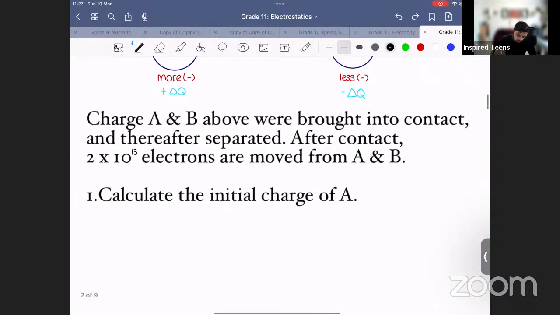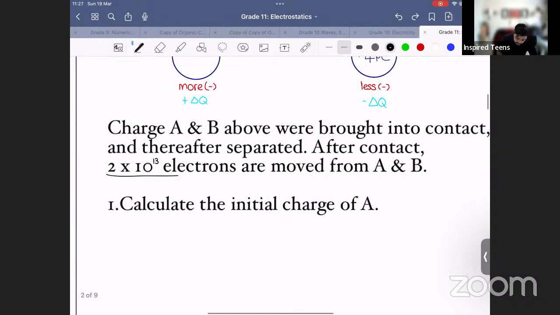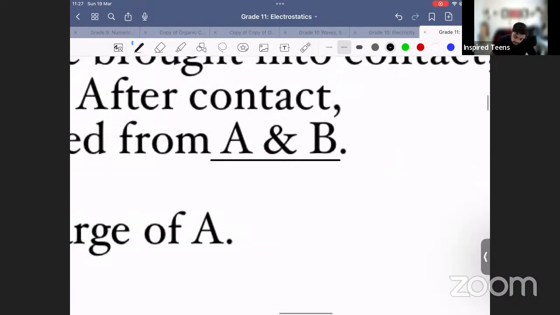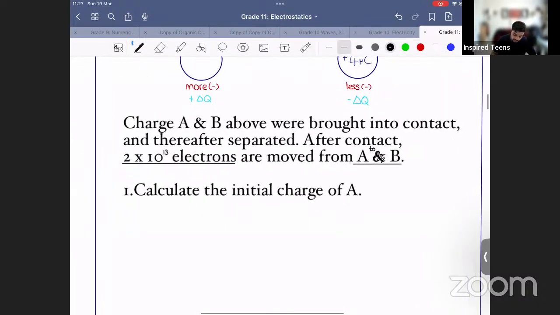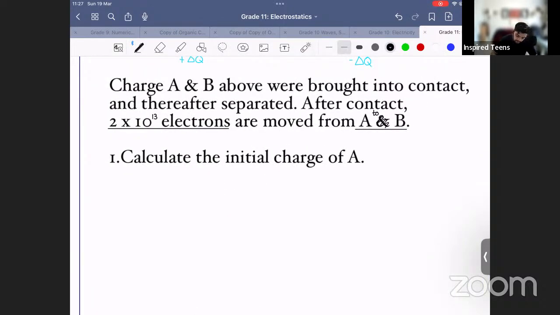Okay, so the only information we have is that this many electrons will move from A to B. And we know that it's A to B, so we know which one is more negative. The only formula we know with electrons is Q is equal to N times Qe, where I have information about the electrons. 2 times 10 to the 13 times Qe, which is 1,6.